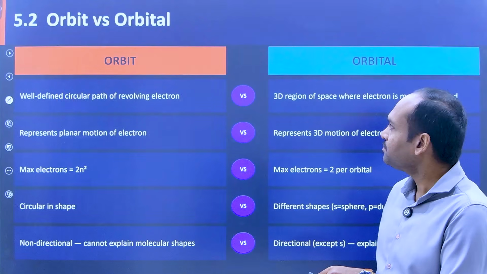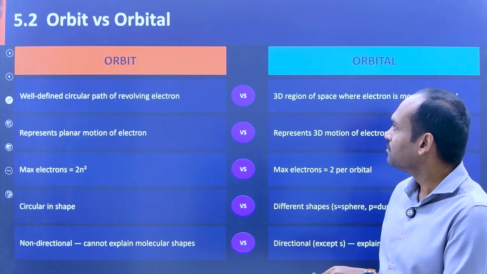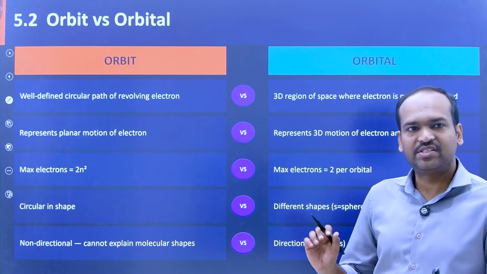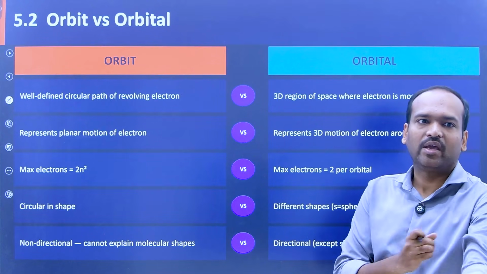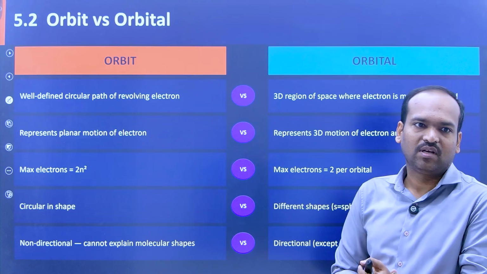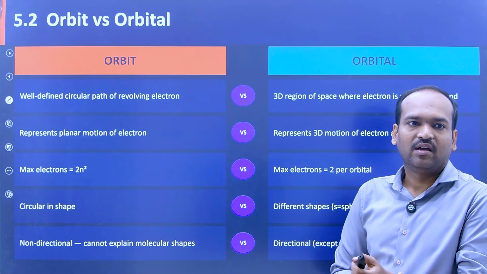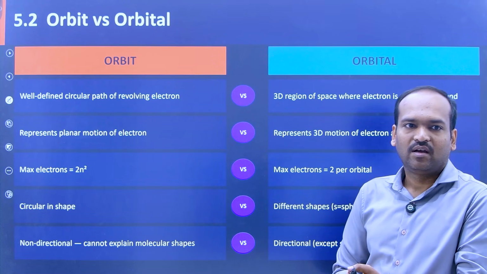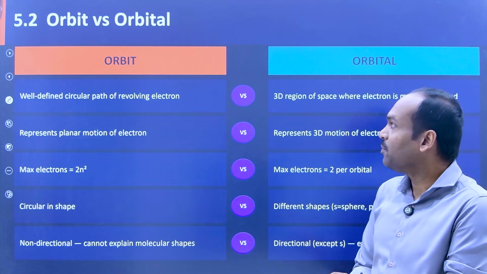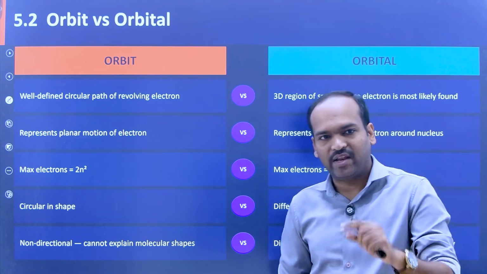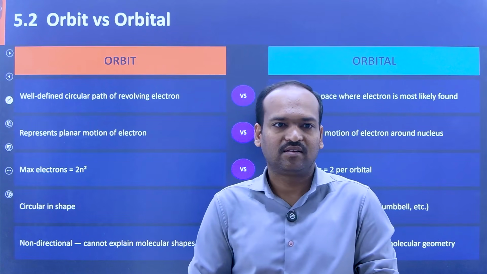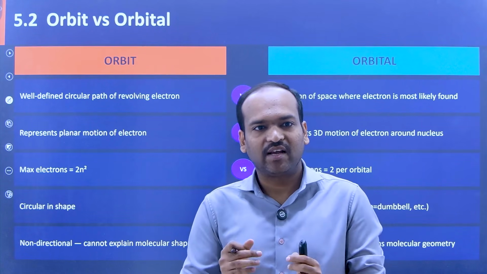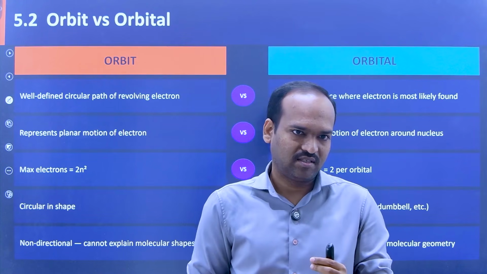Look, if we discuss the difference between orbit and orbital, we can answer easily. The difference between orbit and orbital. If I say spherical, it means present in all directions.